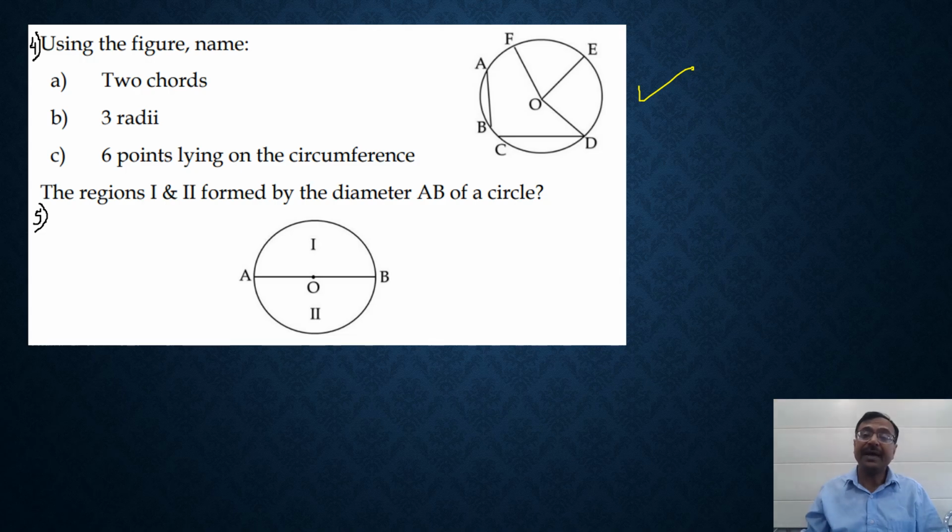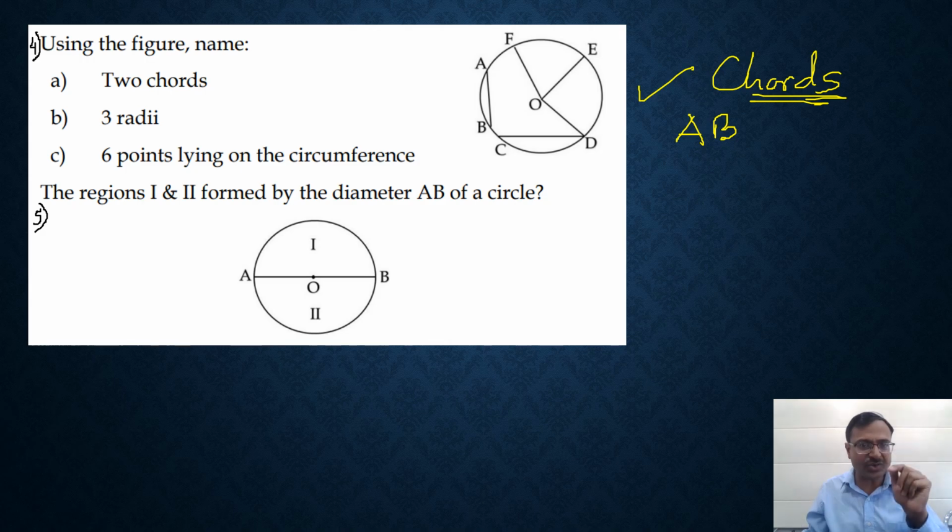That means any line which lies completely inside a circle and whose extremities lie on the perimeter or the boundary of the circle is called a chord. If you watch carefully, the chords in this figure are AB, where A is on the circle, B is on the circle, and it's a straight line, and CD, where C is on the circle, D is on the circle, and CD is a straight line.